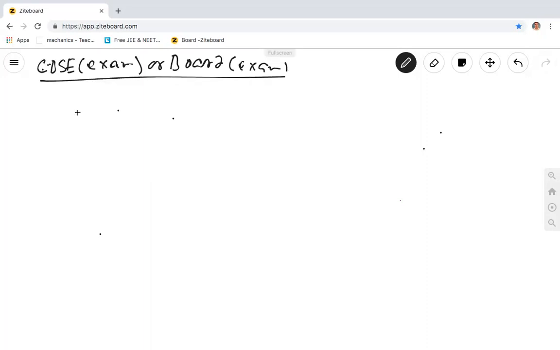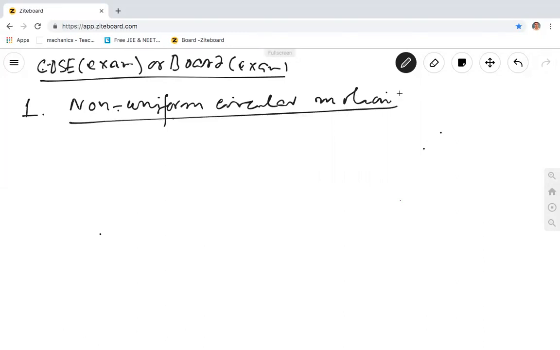And point number one that I want to discuss today is non-uniform circular motion. Please listen to me carefully.